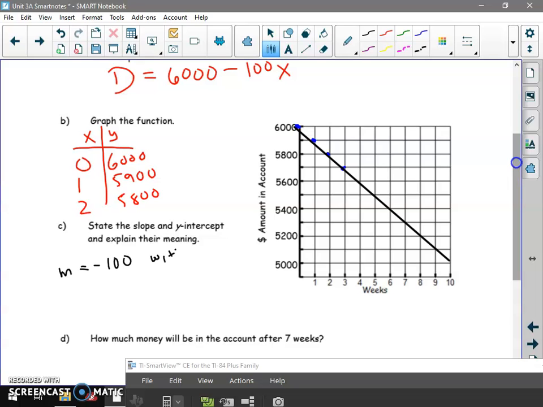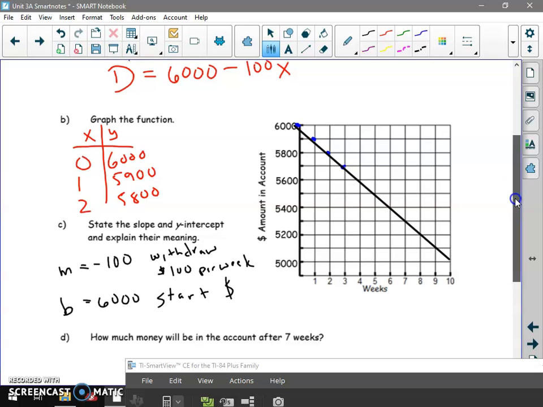Withdraw $100 per week. The slope always gets the per, okay? And then B is the other number, which we said is 6,000, and that's how much the starting amount is. The B is always the start value.